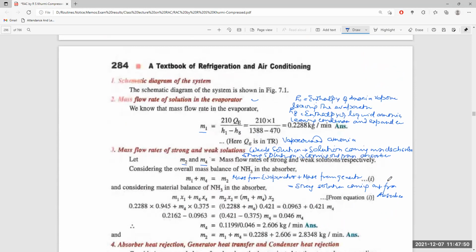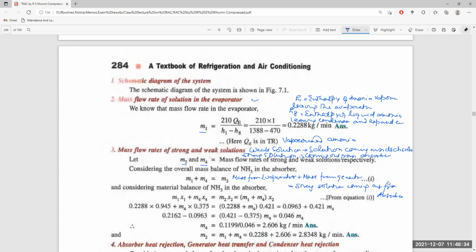M1 into 0.941 plus M4 into the weak solution concentration 0.34 is equal to the right side, from equation 1. Keeping the known and unknown factors on separate sides, M4 becomes 2.606.